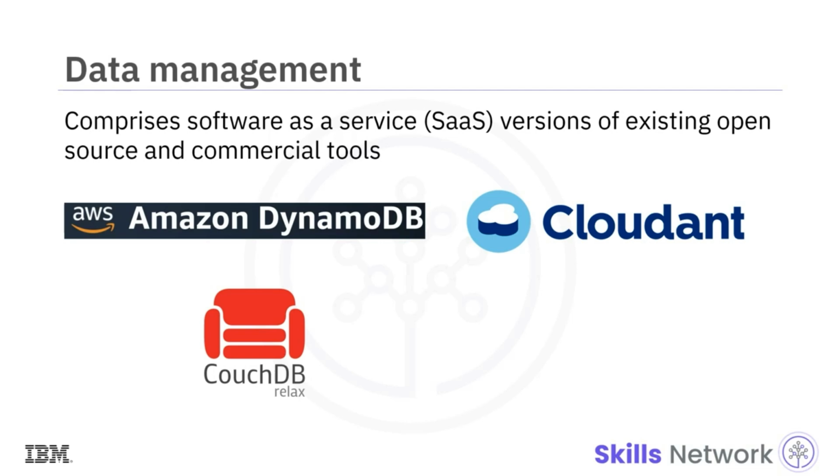Therefore, the application migrates to another CouchDB server without making any changes to the application. IBM offers DB2 as a service as well. It is an example of a commercial database made available as a SaaS offering in the cloud, taking away operational tasks from the user.